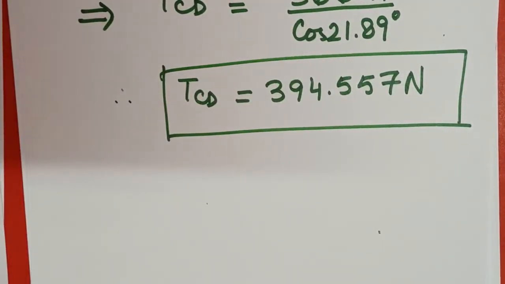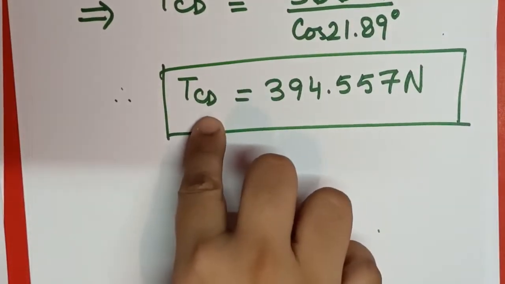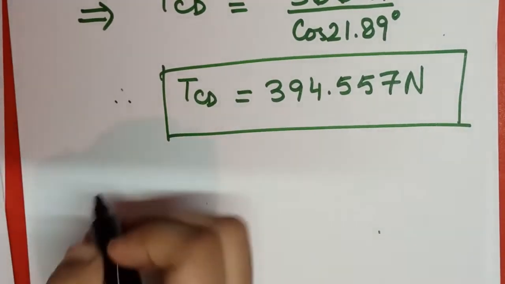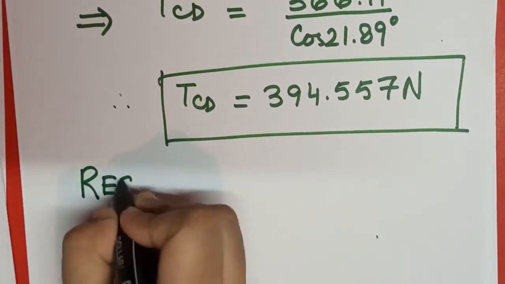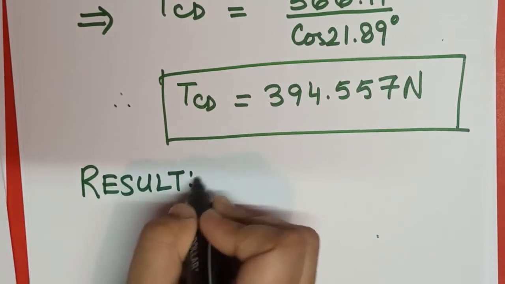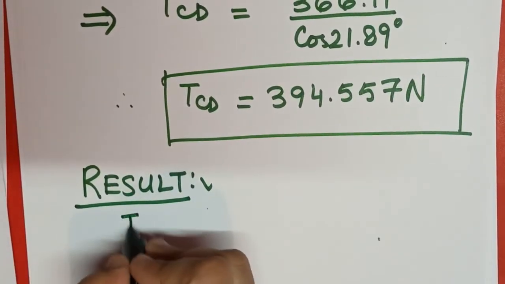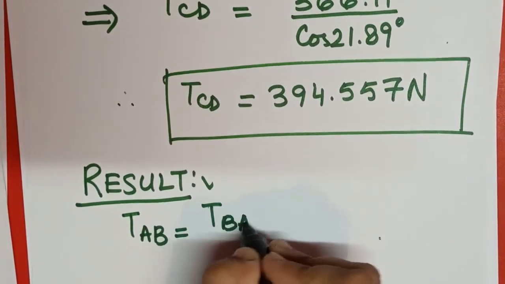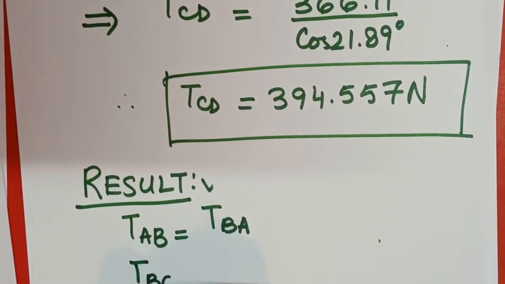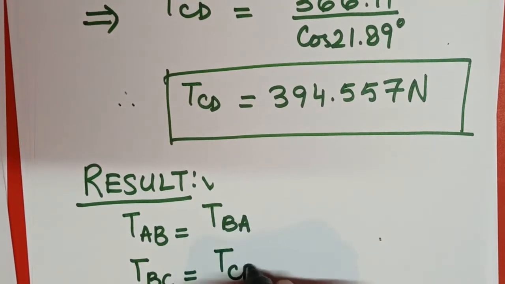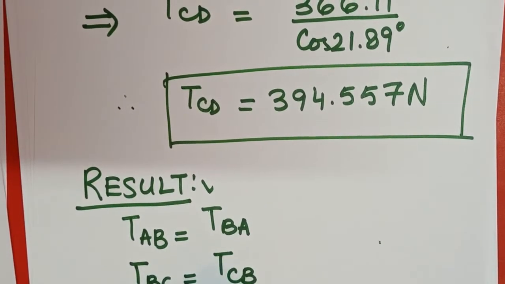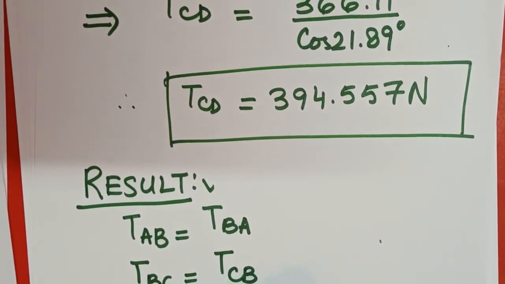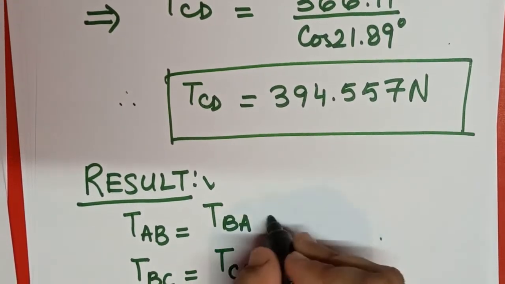And what are they? I can write down the result. The result will be TAB, or you can also say TBA, both are the same. TBC you can also say TCB, and if you are writing TCD, you can also write TDC. So both are equal.